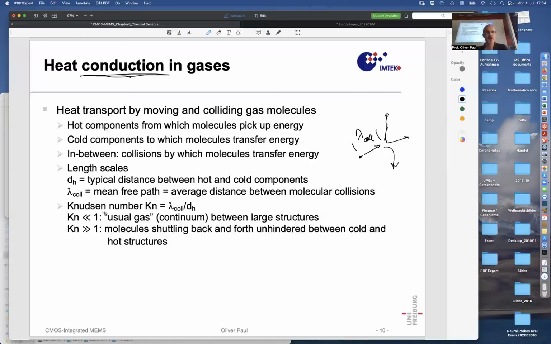Americans say Knudsen number because Kn is pronounced like N. But Knudsen was, I think, a Scandinavian scientist. So Knudsen is this number here, lambda collision over dH, the typical distance between hot and cold components. Lambda is much smaller, so the Knudsen numbers are very small.